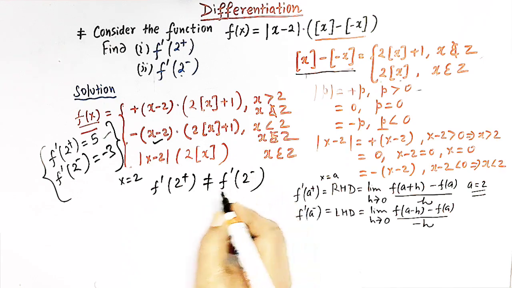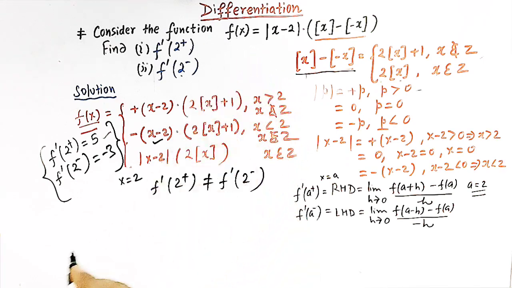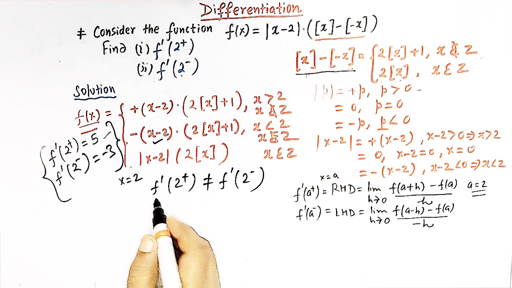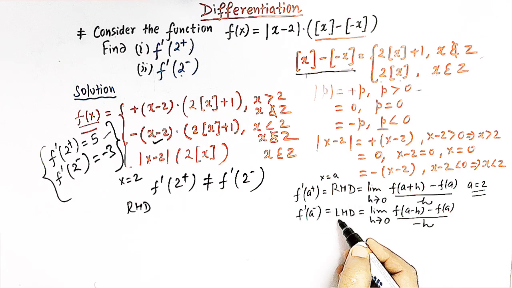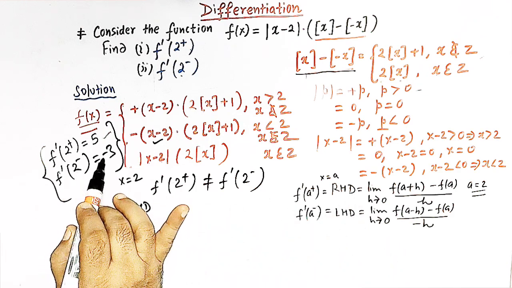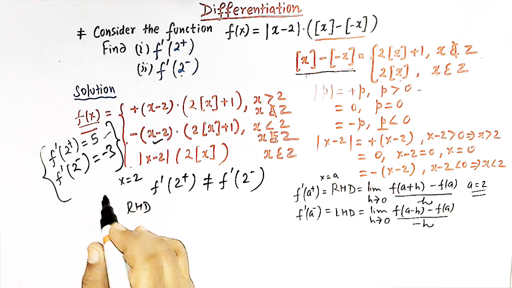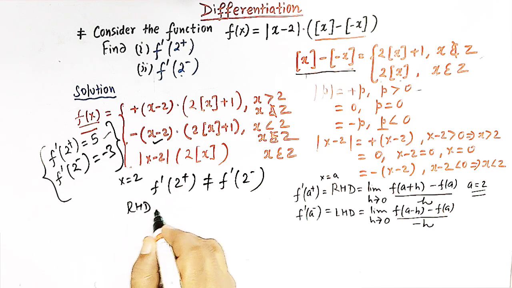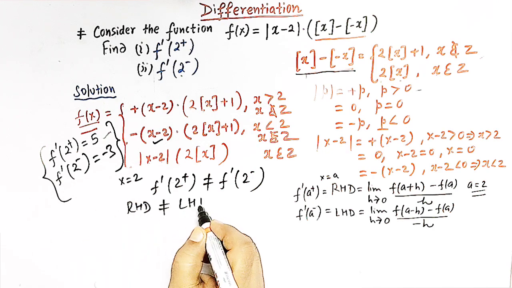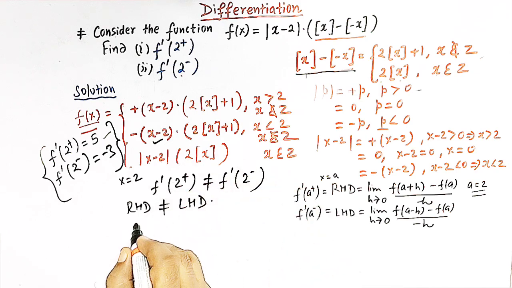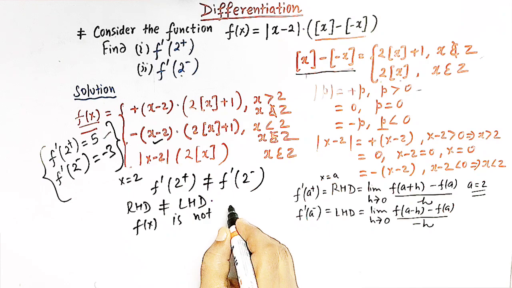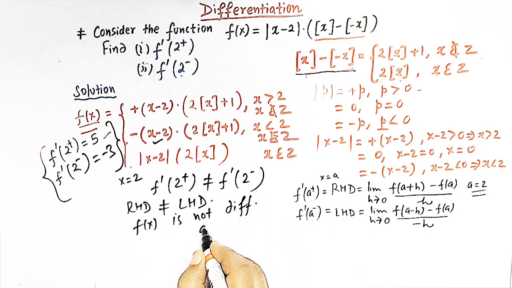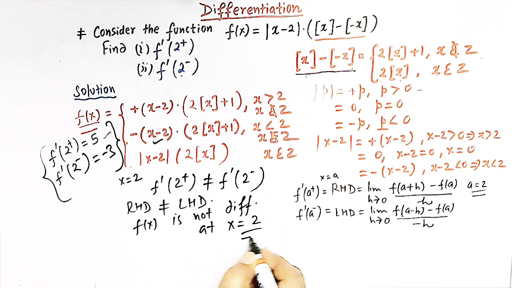So this function f of x is not differentiable at x is equal to 2, because although the right hand derivative and the left hand derivative both exist and they are finite, they are not equal to each other. So the right hand derivative is not equal to the left hand derivative, so we can conclude that the function f of x is not differentiable at x is equal to 2, right?